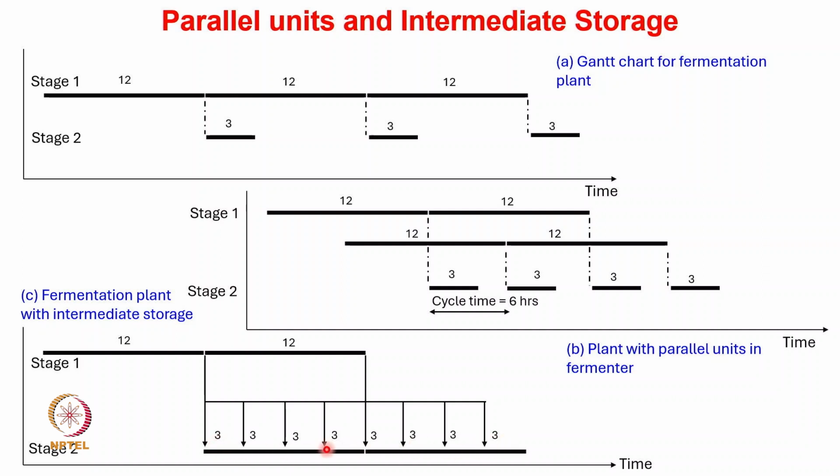Whatever amount is processed in stage 1 is divided into 4 different parts, and all these 4 parts are then individually processed in stage 2. In this manner we can efficiently use the equipment and reduce the idle times. You can see these idle times here, we can eliminate those idle times in the third case where intermediate storage is there.